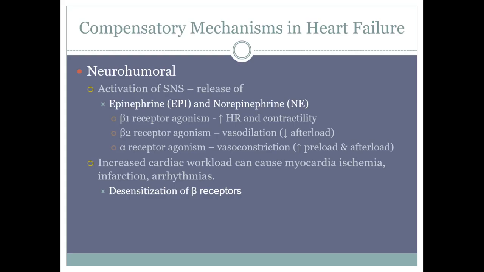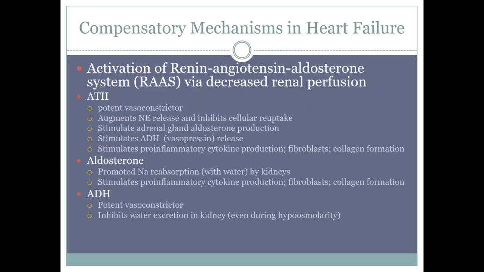So you still have potential for epinephrine to increase afterload. The heart has to work harder to get blood out, and is not getting the benefits of beta-1 agonism because of that chronic desensitization of the beta receptors.